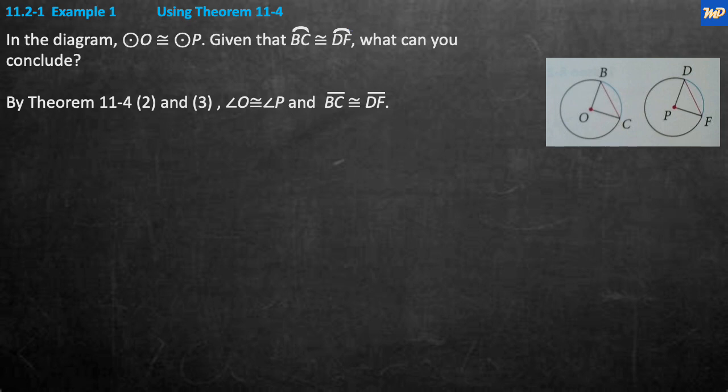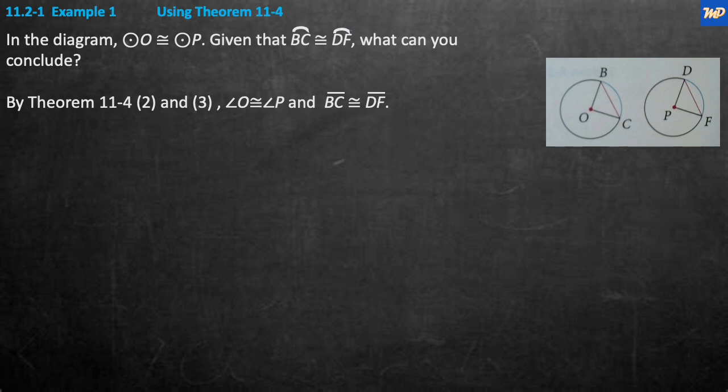Okay, example 1, using Theorem 11.4. In the diagram on the right, you see two circles. We see circles, chords, arcs, and central angles. In the diagram, circle O is congruent to circle P. So they're telling us these two circles are congruent.